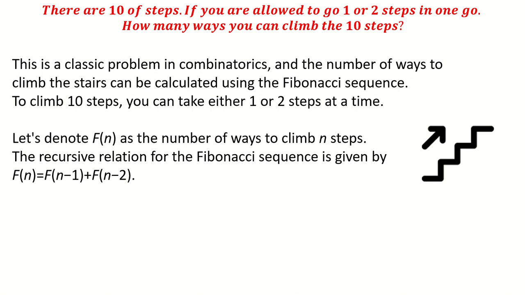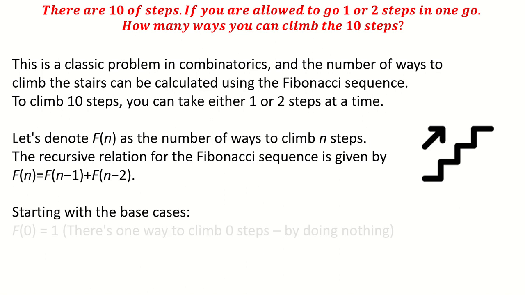So if I am on the nth step, I can come to the n minus 1 step and then go one step, so that is f of n minus 1 ways, plus I can go to two steps below, the n minus 2 step, which can be reached in f of n minus 2 ways. Then I can take two steps and go to the nth step. So this is a very classic problem of the Fibonacci sequence.